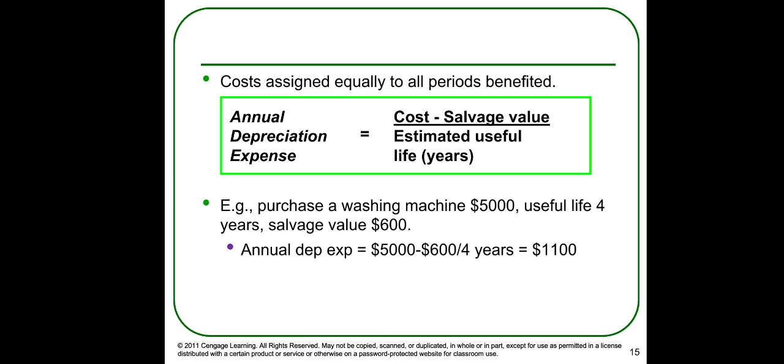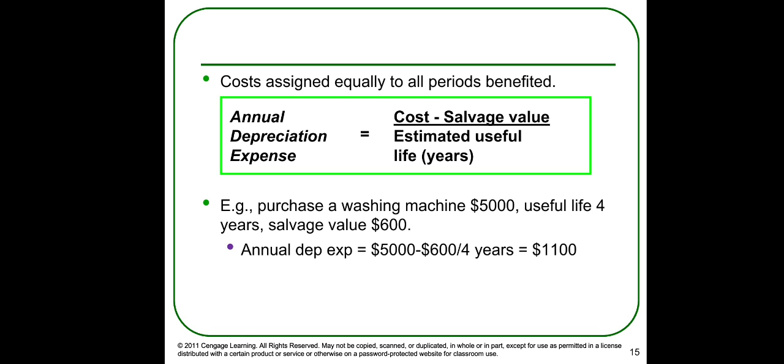The example is, let's say a business purchases a washing machine. The value of the machine is $5,000. And then the business estimates that the useful life of the washing machine is 4 years. And the salvage value is 600.